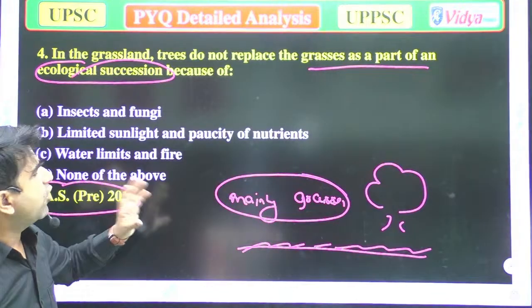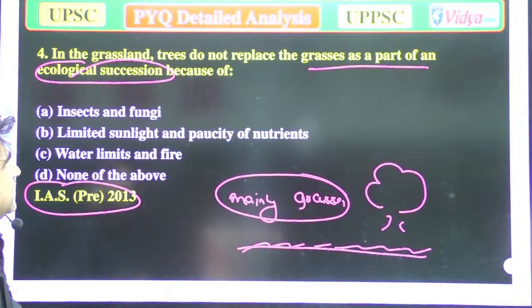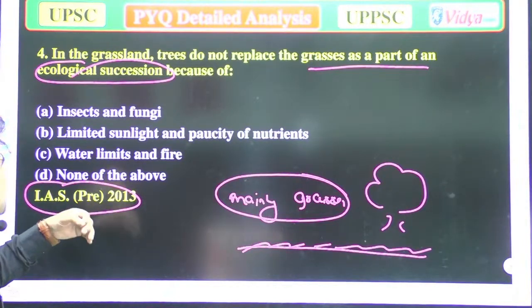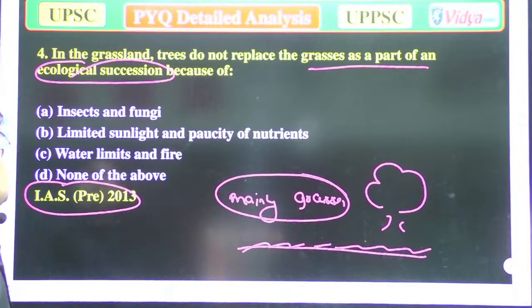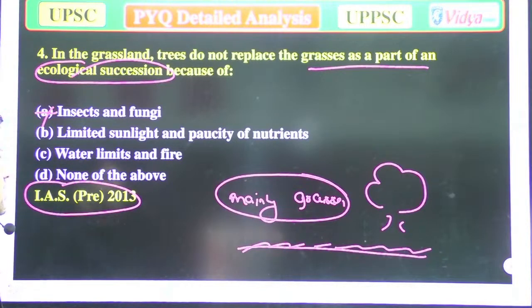So in the grassland area, trees do not replace the grasses as a part of ecological succession because of, first, insects and fungi. No, that could not be the correct answer. Then limited sunlight and paucity of nutrients, and C, water limits and fire.